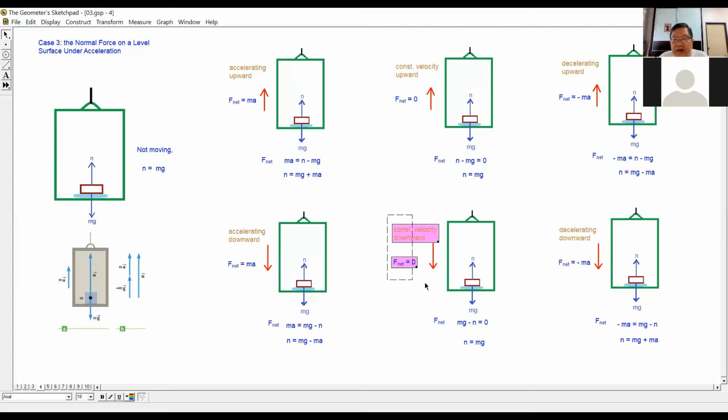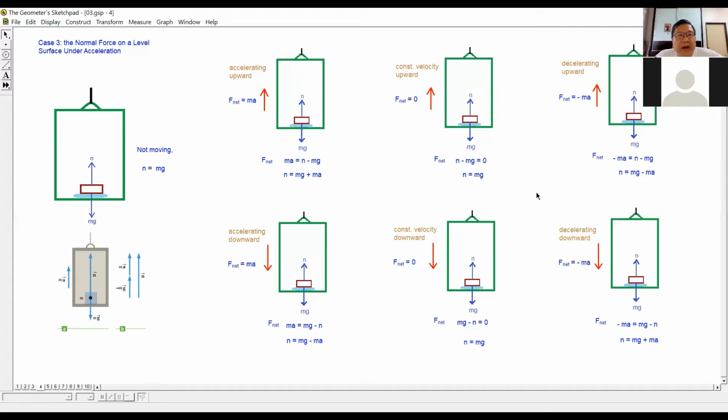The lift is moving downward with constant velocity, and the lift is moving downward with deceleration. So we can have three cases again. Moving up, three cases. Moving down, three possible cases.